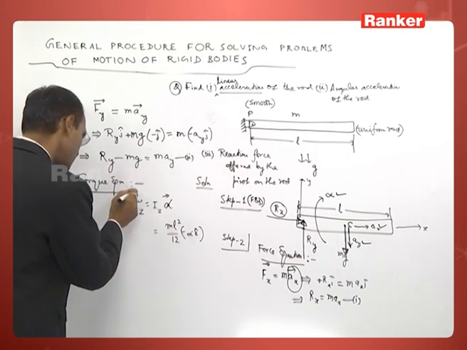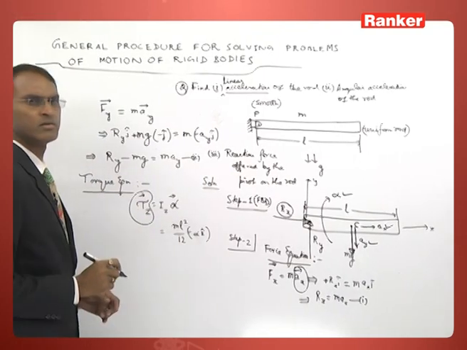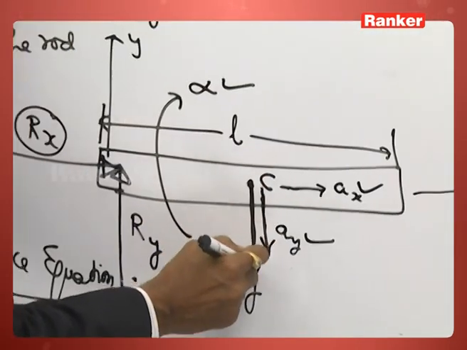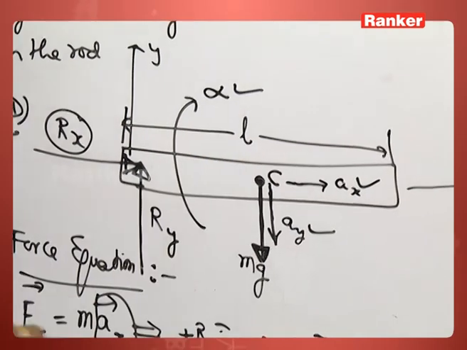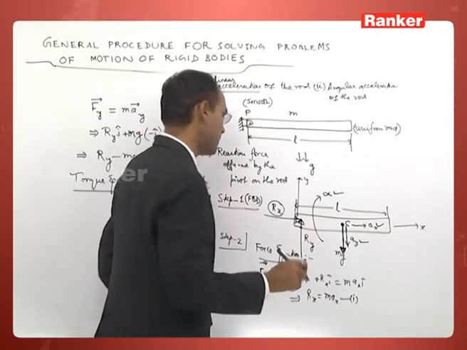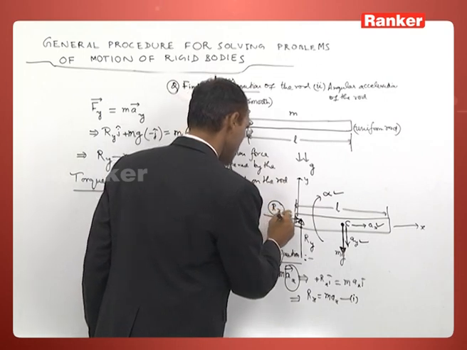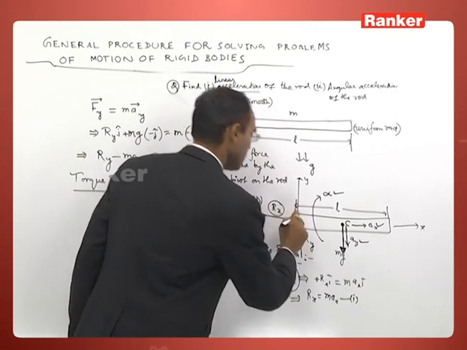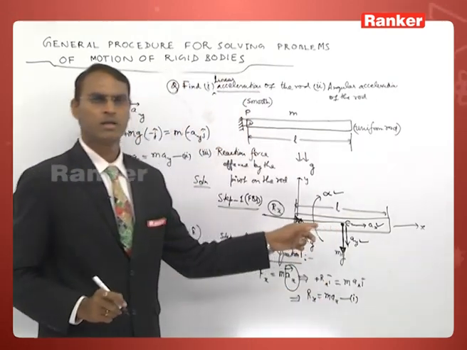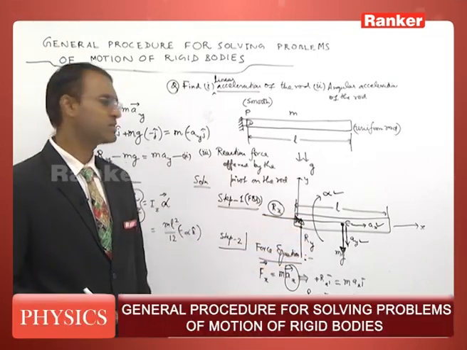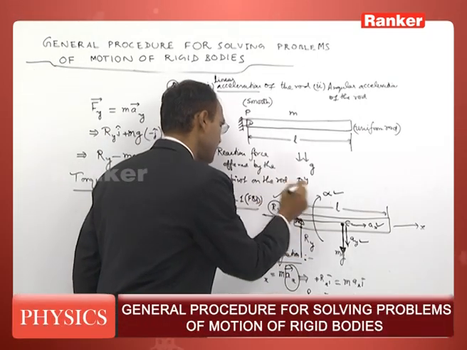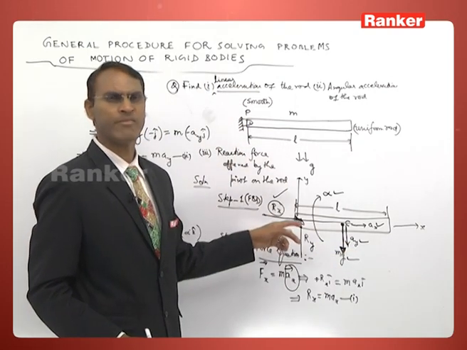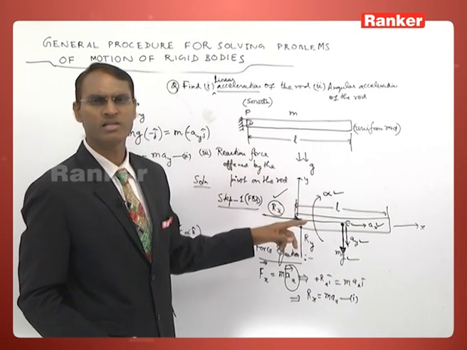Next, to find the torque about the center of mass, the gravitational force passes through the center of mass and cannot produce a torque about the center of mass, and this reaction force component Rx passes through the center of mass, so it cannot produce a torque either. These two forces, Rx and mg, pass through the center of mass, therefore they cannot produce a torque about the center of mass axis.